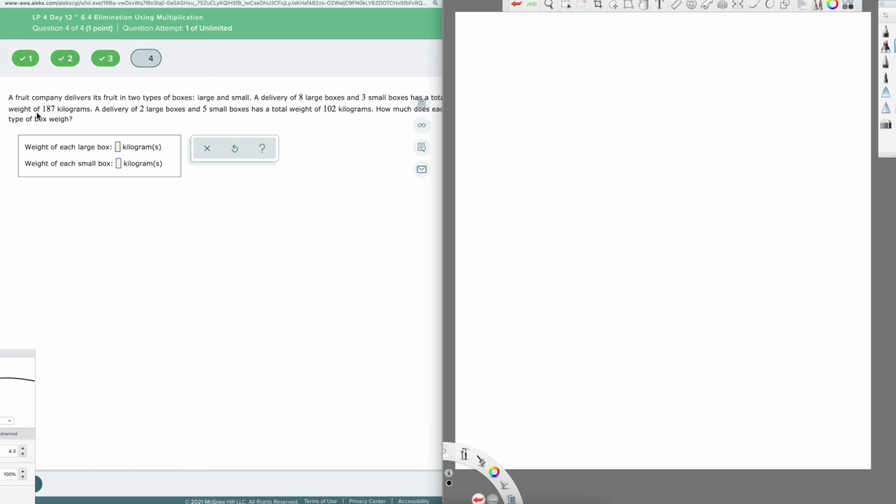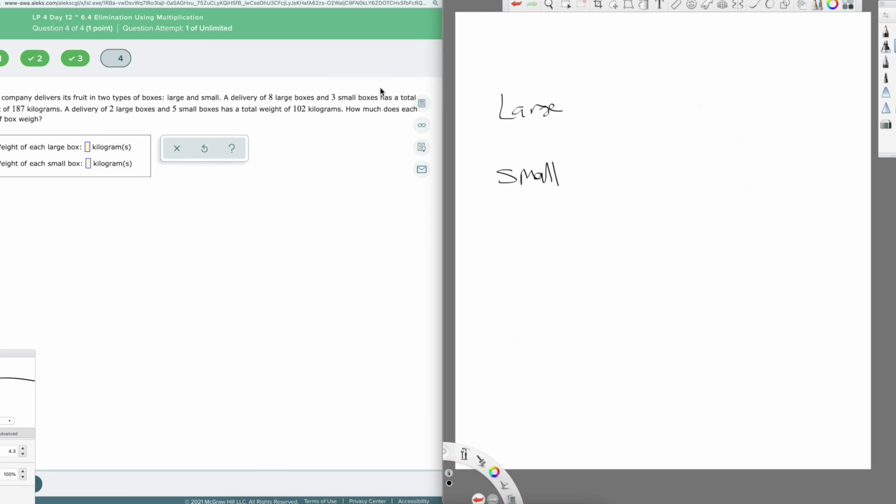So a fruit company delivers its fruit in 2 types of boxes. Ooh, here's our 2 situations. We have large and we have small. So large boxes or small boxes. A delivery of 8 large boxes and 3 small boxes. So this is giving me an amount, a quantity. I know how many boxes were delivered.